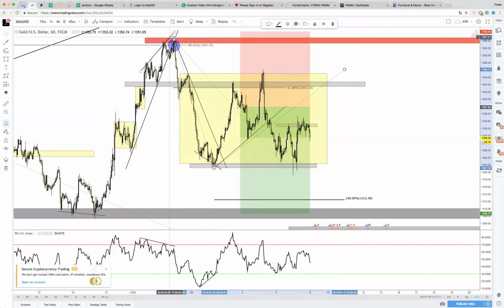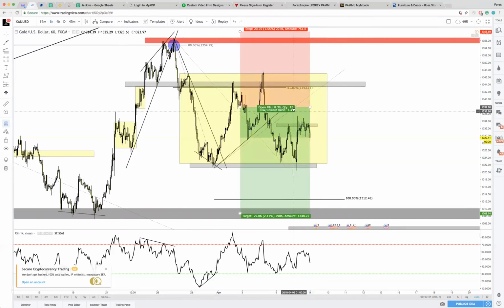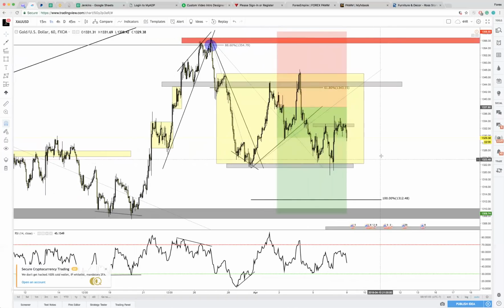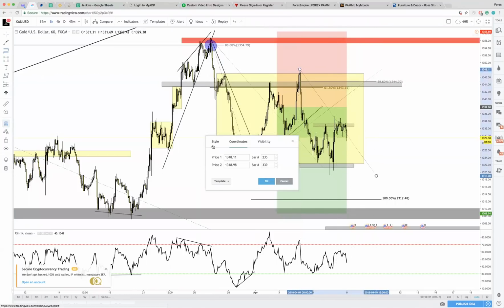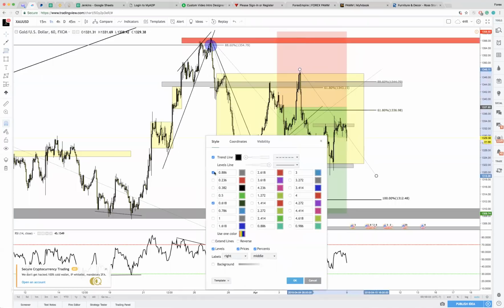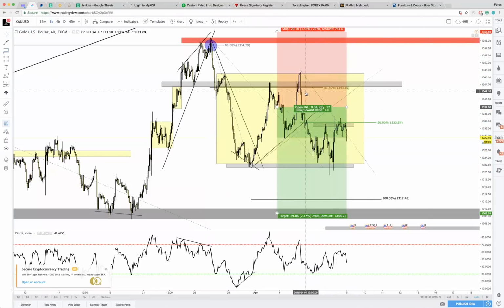Okay, so all right guys, we're definitely going to see a nice retracement right about here, so make sure to sell swing right about, let me see, 61.8, 50%. All right, there, so that's a nice retracement from the 50%.